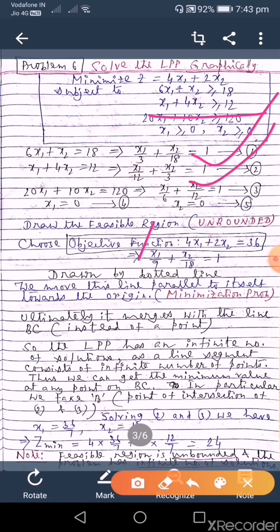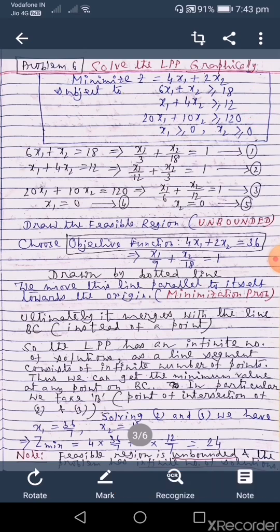And the last one, 20x1 plus 10x2 equal to 120, that is it passes through the points (6, 0), (0, 12) after dividing throughout by 120, and this is also greater than equal to. You see all the three constraints are greater than equal to, so the region it will cover again is away from origin.